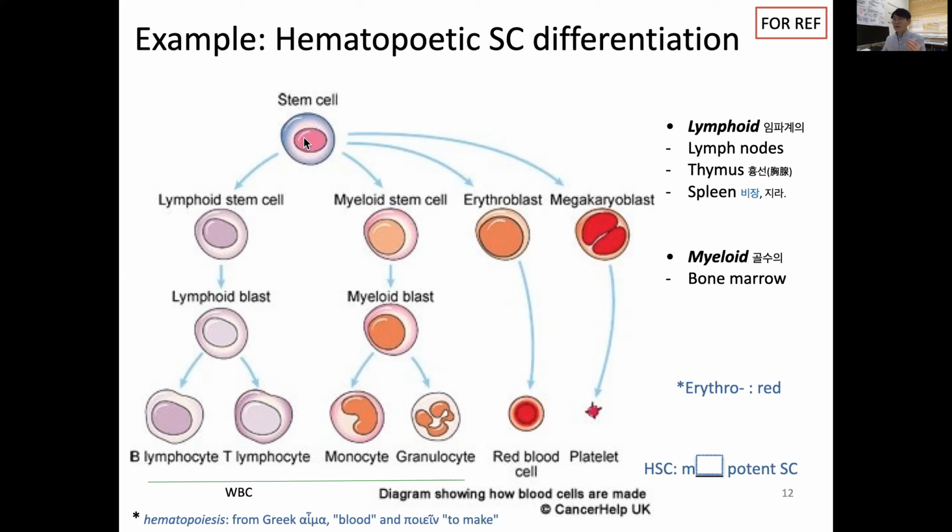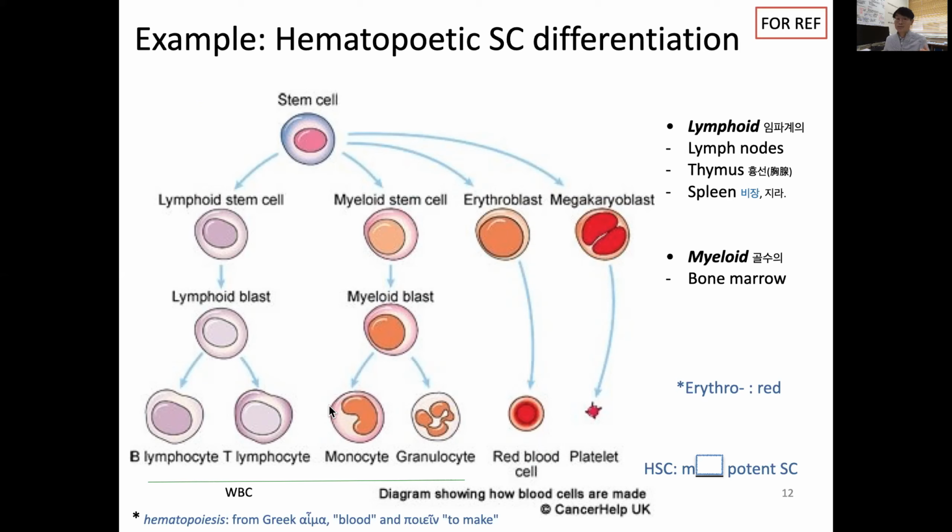And the other lineage is going to myeloid stem cells. Myeloid comes from the term bone marrow, so inside our bone. So myeloid stem cells become myeloid blasts, and they will differentiate into monocytes or granulocytes. And monocyte is a precursor for macrophage.